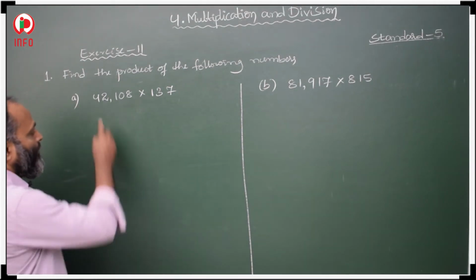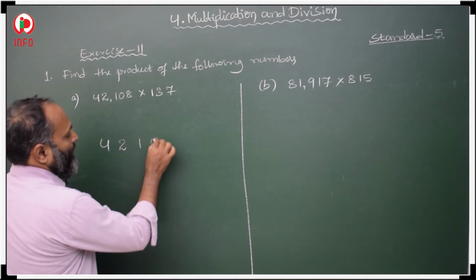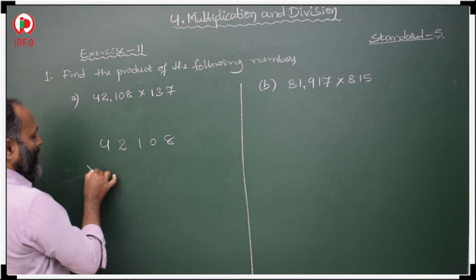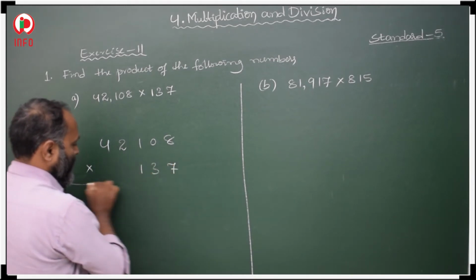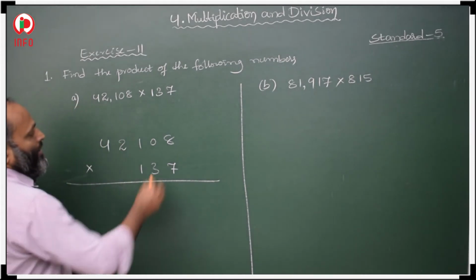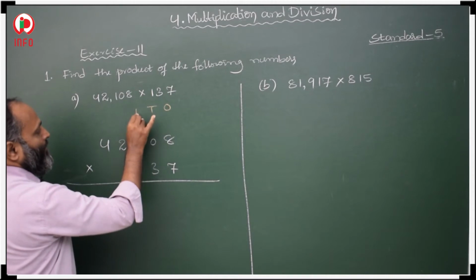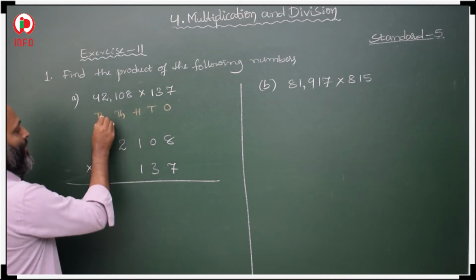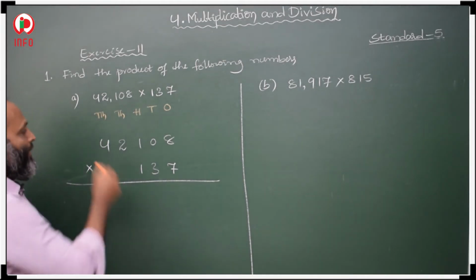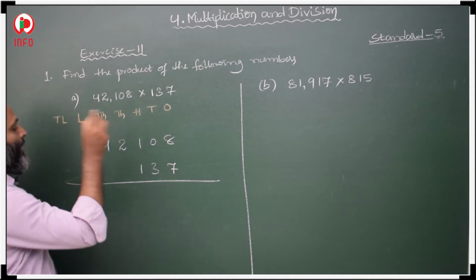First we have to write the 5-digit number first. 42,108 multiply with 137. So this is our ones place, this is our tens place, this is our hundreds place, this is our thousands place, this is our 10,000s place. After that we will get lakhs, after that 10 lakh, like this.